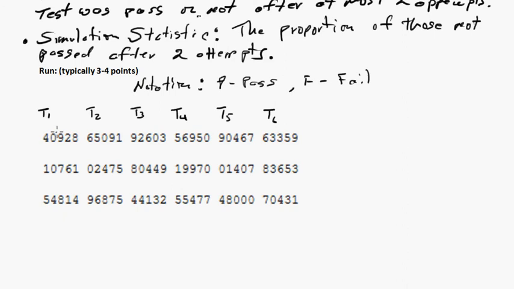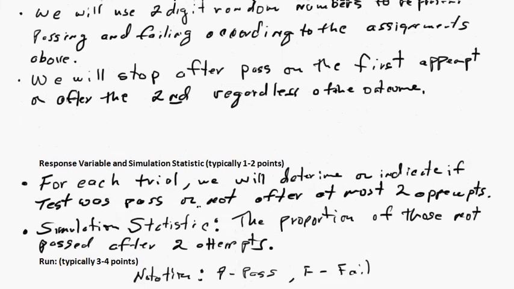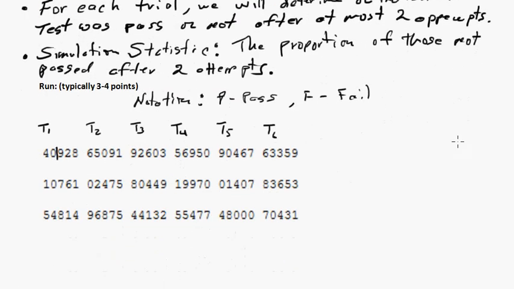Let's do that first. So this is a 40, is that above? Go back to our assignments. 40 is above 33, so this is a fail. And then they fail again because 92 is above. So if we go over here for our trial response variable, we could say no. Let's just say no means they don't pass. The next one is a fail, but then they pass.